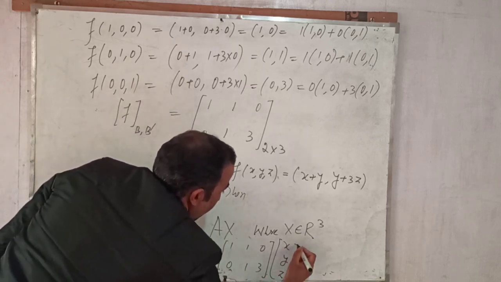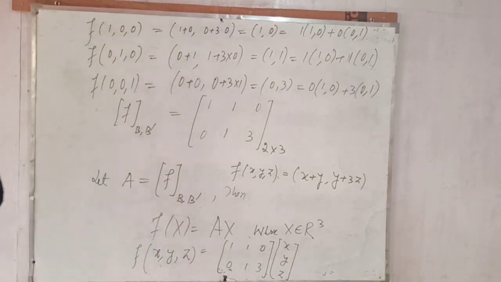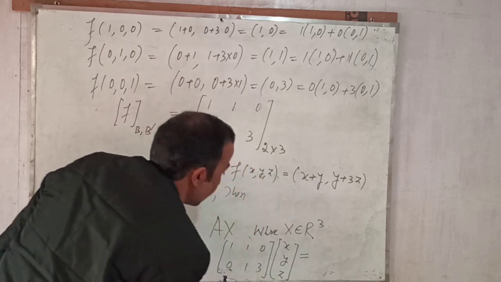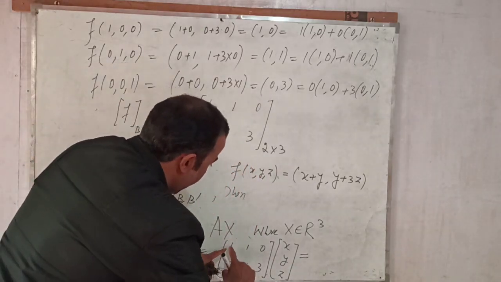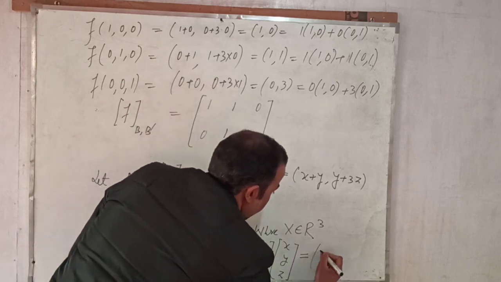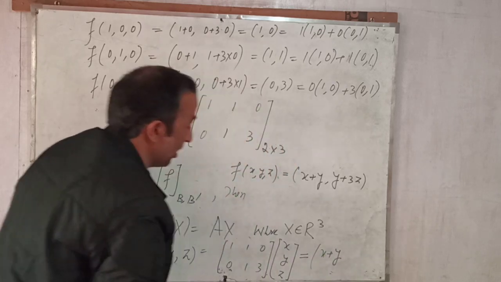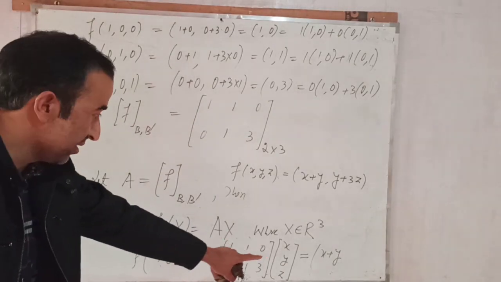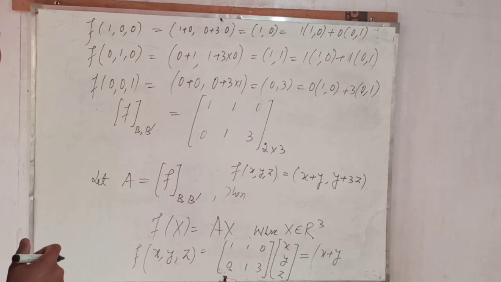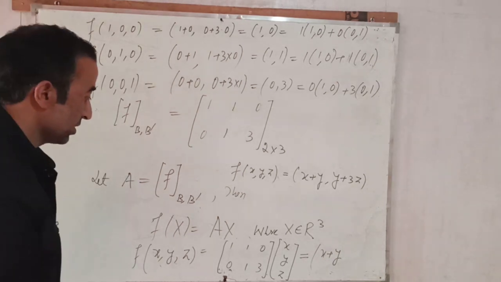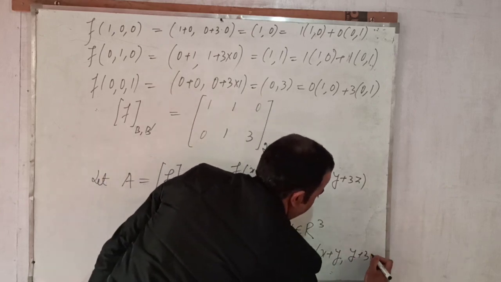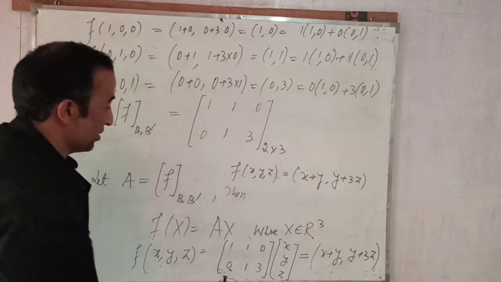I told you I will write this x as a column so that the matrix multiplication is well defined. Now if you calculate the value, this row into this column gives x plus y. Actually I get a column vector, but this representation hardly matters whether you write it in terms of rows or columns. So you can write this as y plus 3z after multiplication, exactly the same.